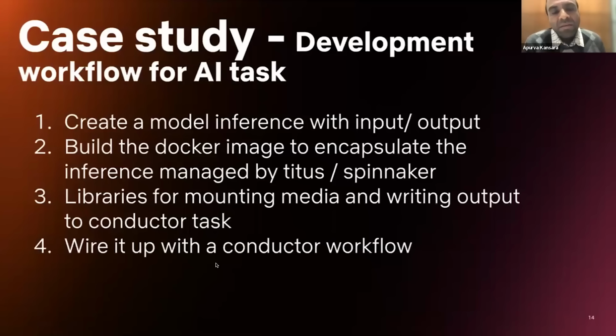And here are the steps that, as a computer vision researcher and a machine learning practitioner, one follows in a typical Netflix environment to understand an asset or a media. So first, as with any computer vision model, we would create a PyTorch model with an inference that takes a media as an input and produces some form of output.